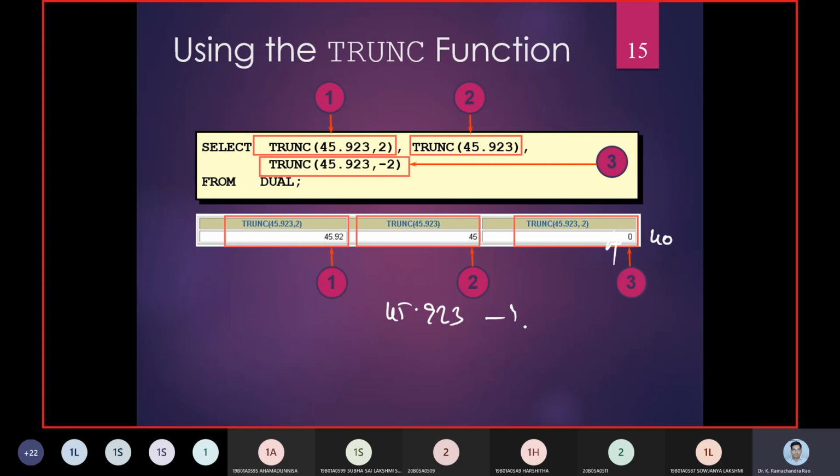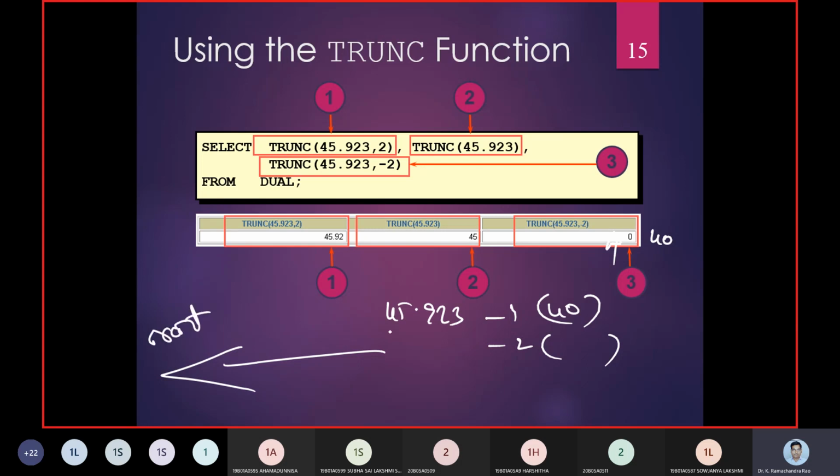Then if it is minus 1, it goes to 40, and if it is minus 2, it is moving to the edge, the root, whatever we call it, that is, it is moving to the 0th aspect. But when we say 45.923 comma 2, 2 indicates 45.92. So the reason is 45.92, that is towards the lower edge.